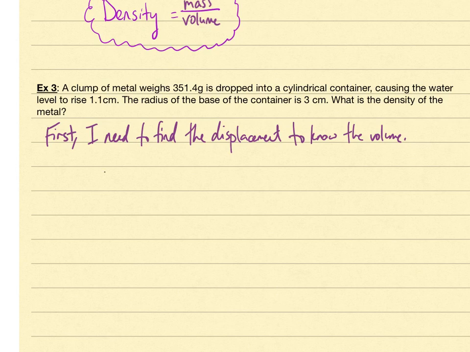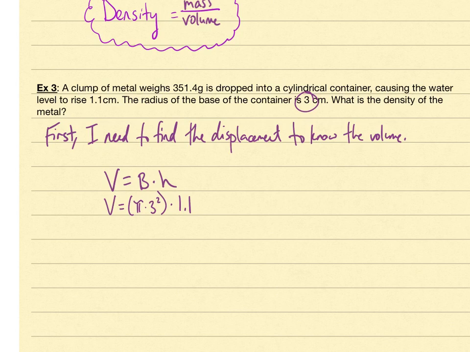So let's remember our volume formula. The area of a base times the height. And the area of a base of a cylinder is a circle. So it's pi r squared, or in this case, pi times 3 squared, since 3 is the radius. And the height that it's displaced, the height of the slice that the water is displaced, is 1.1 centimeters.